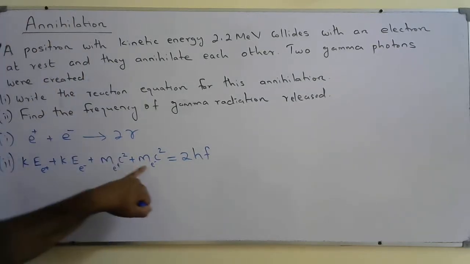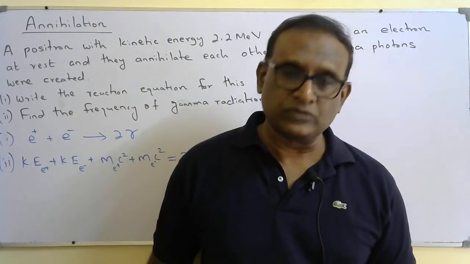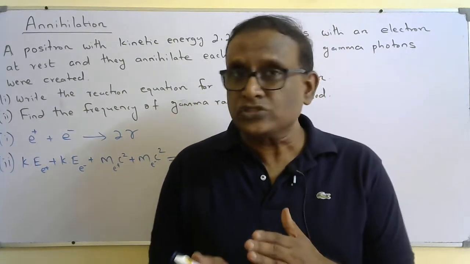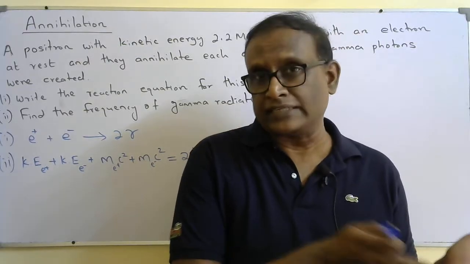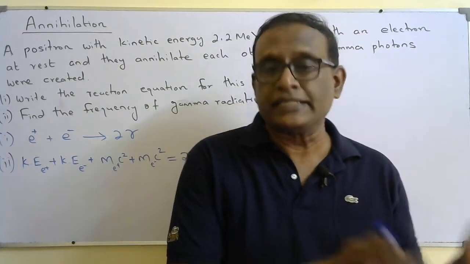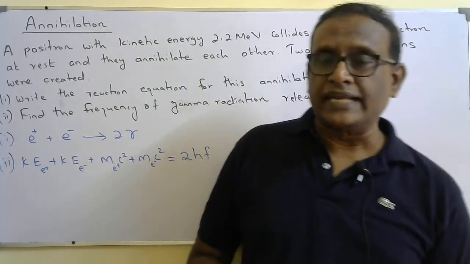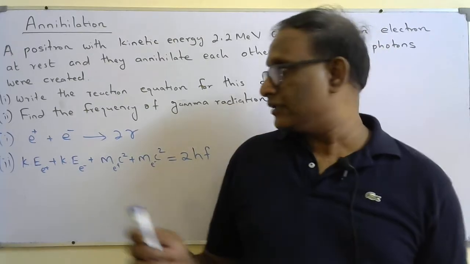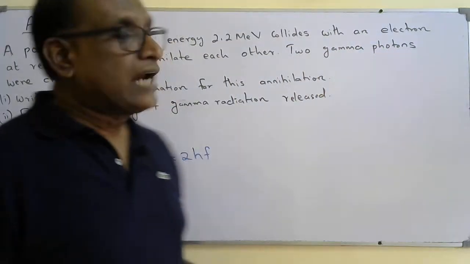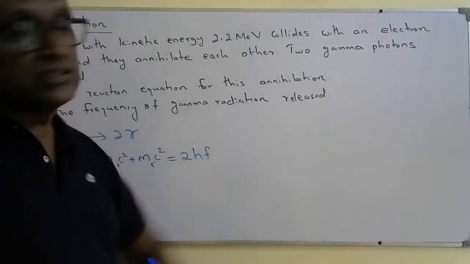The mass of the electron is given in the data sheet, 9.11 times 10 to the power minus 31 kilograms. They won't give the mass of the positron, but we know it is the same as the mass of the electron because the positron is the antiparticle of the electron. They have the same mass, so that is also 9.11 times 10 to the power minus 31 kilograms. c is the speed of light, 3 times 10 to the power 8 meters per second. And how to convert electron volts, mega electron volts, to joules?